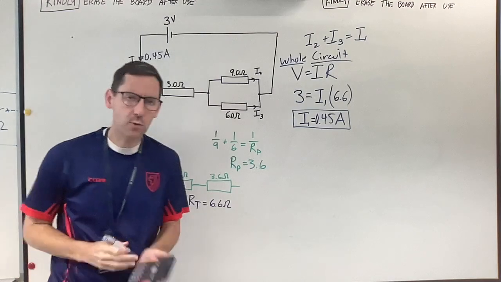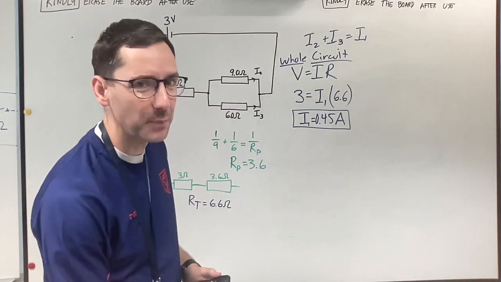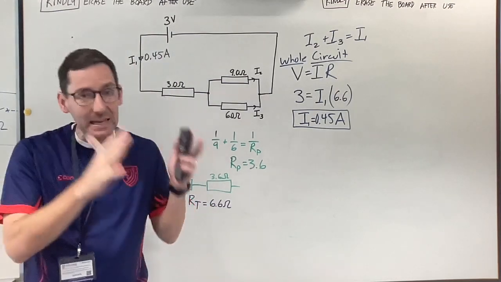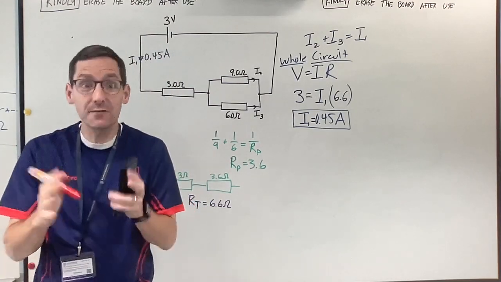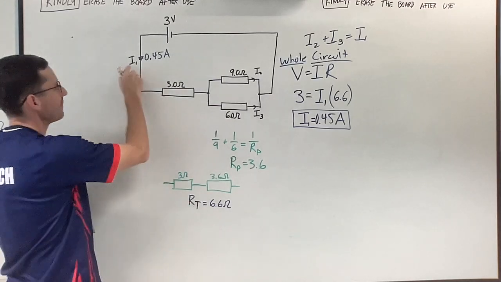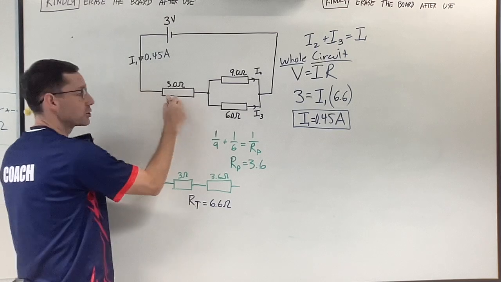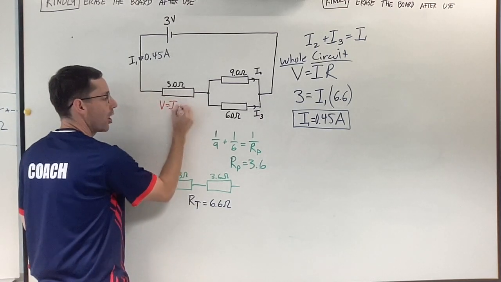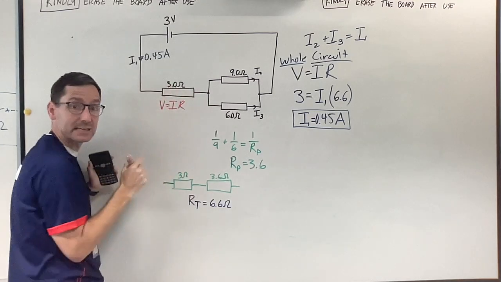Now the other ones are going to be a little bit more challenging, but we can do this with what we know about individual resistors, individual components, right? We know, for example, that if this current of 0.45 goes through this resistor, I can do V equals IR for that resistor.